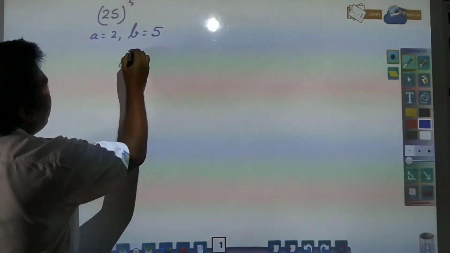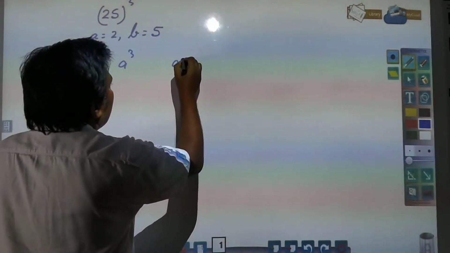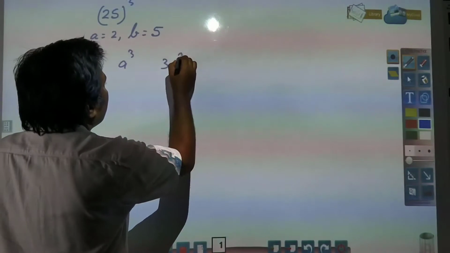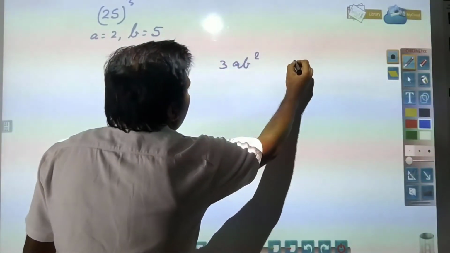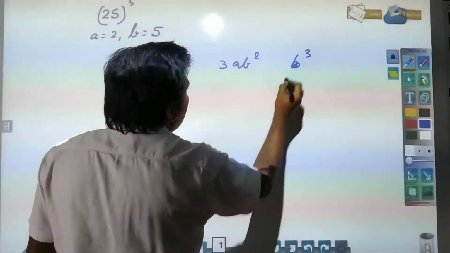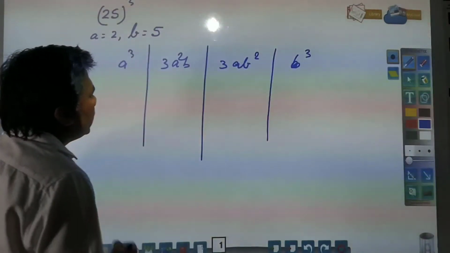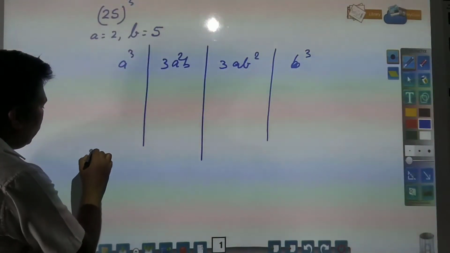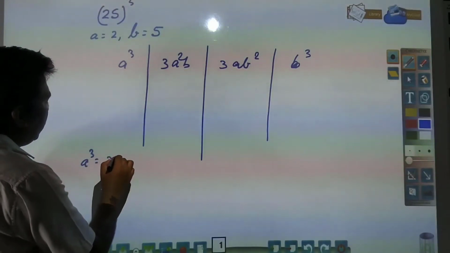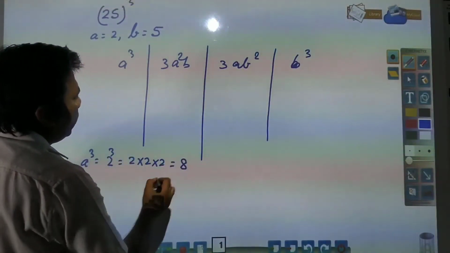So we will find a cube, then 3a square b, 3ab square and b cube we will find out, and here we will put the values. So just you see, first we will find a cube. So a cube will be 2 cube, it means 2 into 2 into 2, it means 8 you have got.